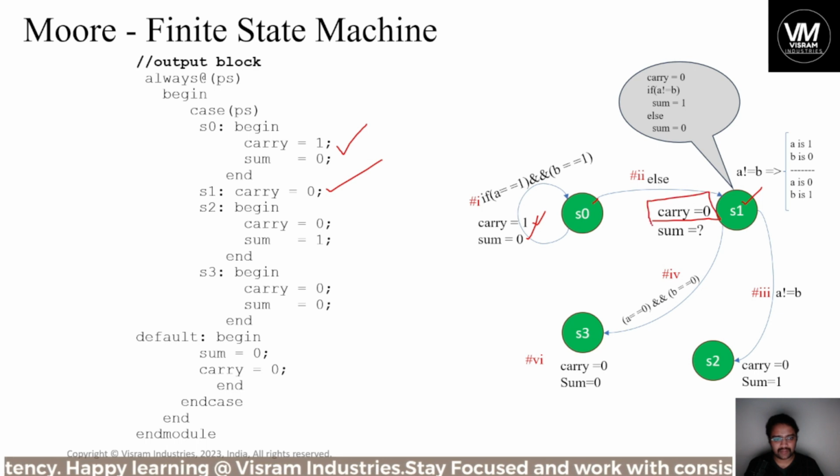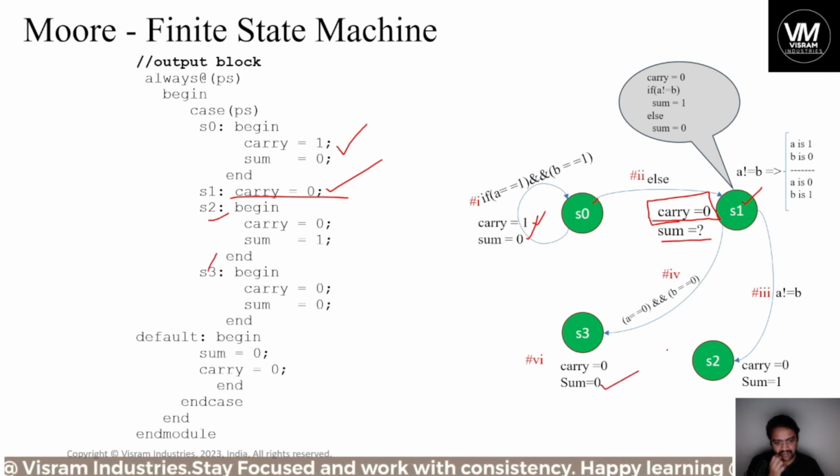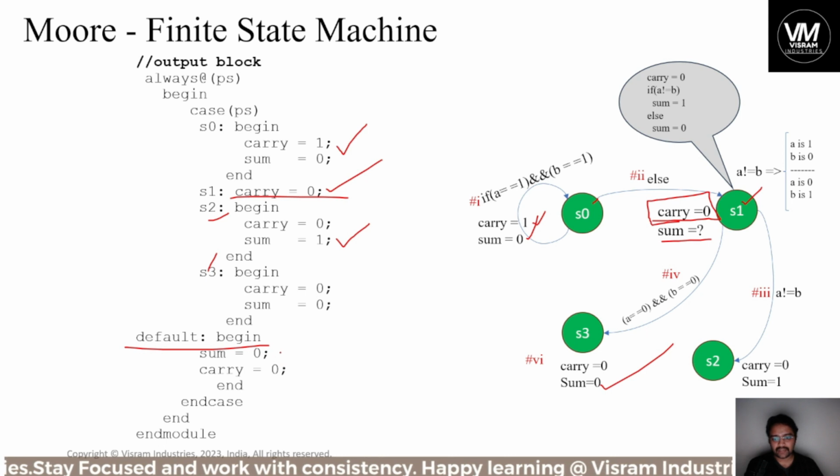We knew that. But we don't know what is sum. So we don't take that condition. But that condition is taken in S2 and S3. For S3, we have declared sum is 0. And for S2, the sum is 1. Default sum and carry are 0.